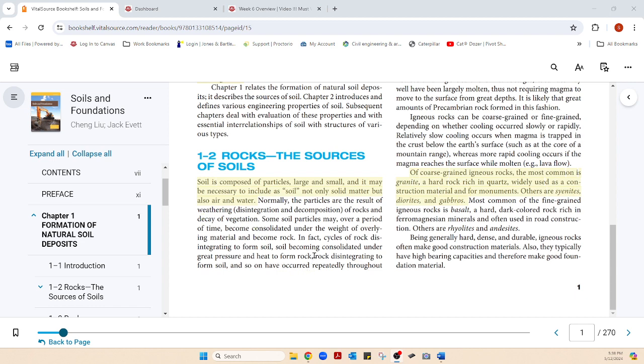Some particles may, over a period of time, become consolidated under the weight of overlying material and then back to rock. So there's a geological circle, I guess I'll call it, till the name comes to me. But we go from rock to soil, and then through time and pressure and weathering, we go back to rock.